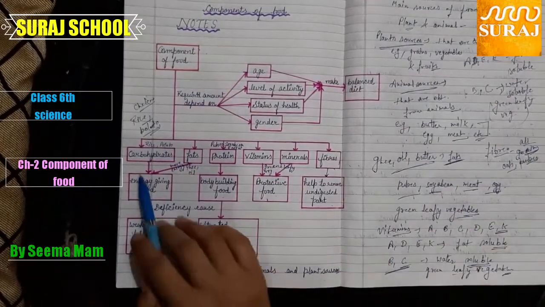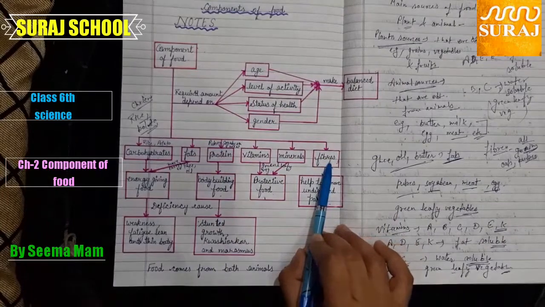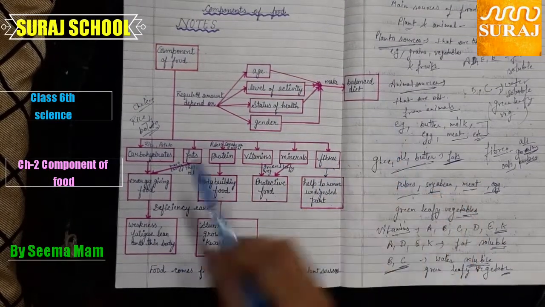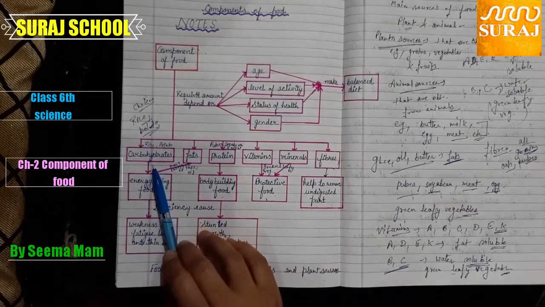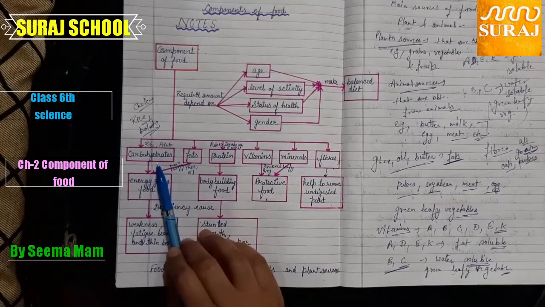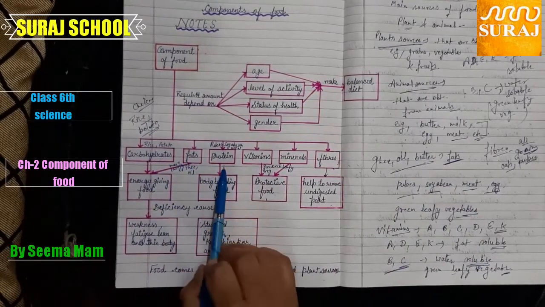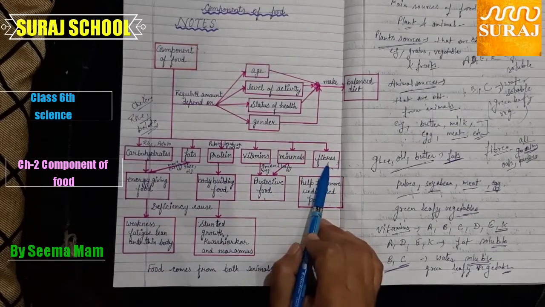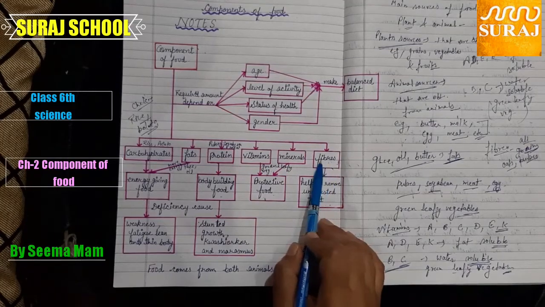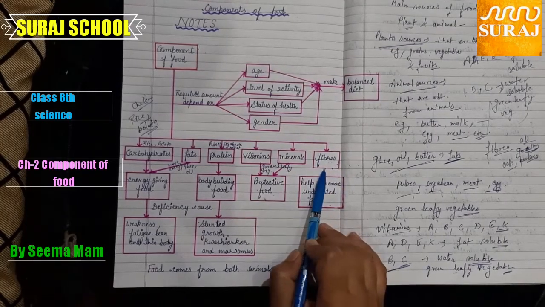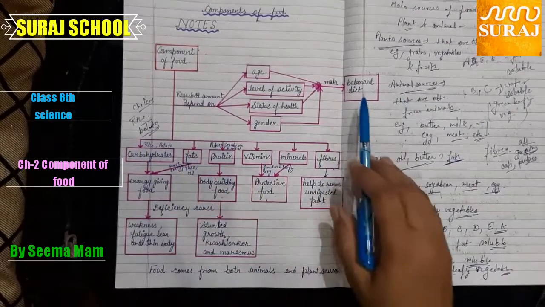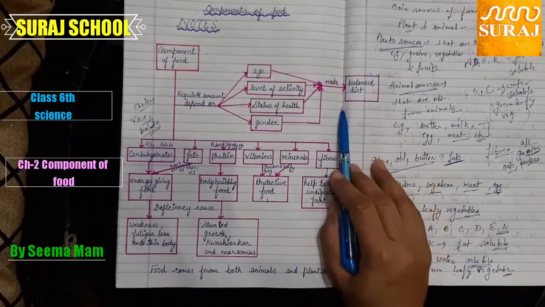Now, the diet that contains all nutrients of food, that is carbohydrates, fat, protein, vitamins, minerals, and dietary fibers, these are also known as roughage. This is known as a balanced diet.